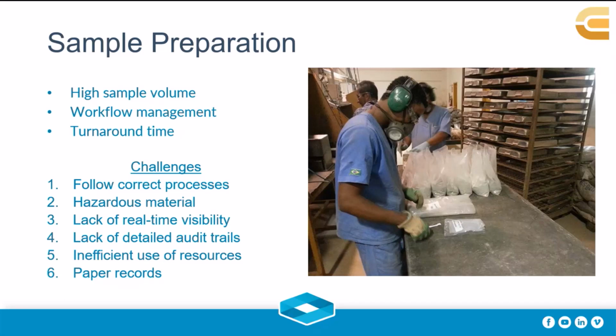Now, laboratory managers don't have real-time visibility into the status of the sample preparation, which can affect decision making for workflow management. And because a lot of the sample preparation process is manual, there's a lack of detailed audit trails, capturing what manual process was done at what time.